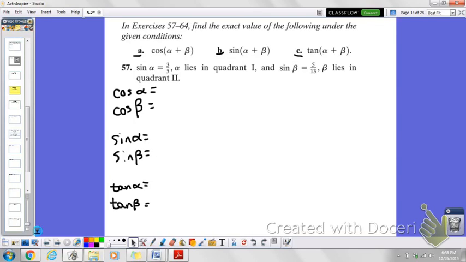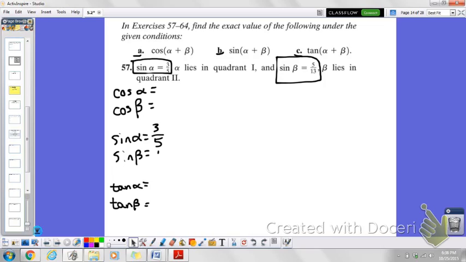To find our cosine and tangent values, we're going to have to look at the sine of alpha equal to 3/5, and the sine of beta, which is equal to 5/13.